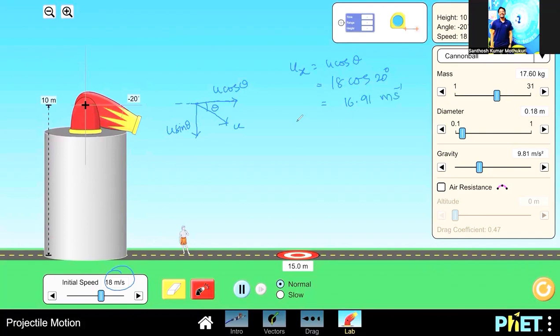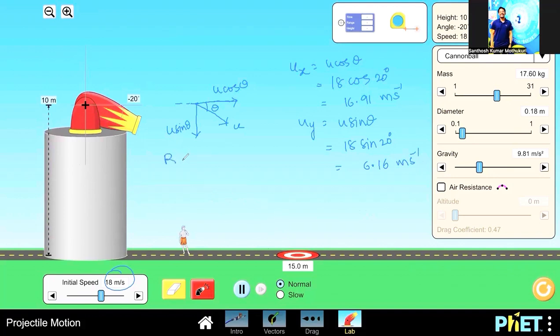Let us also find uy, which is u sin theta, the vertical component. This is going to be 18 sin 20 degrees. When you use a calculator, you would get around 6.156, which I'm rounding off to 6.16 meters per second. So this is uy.